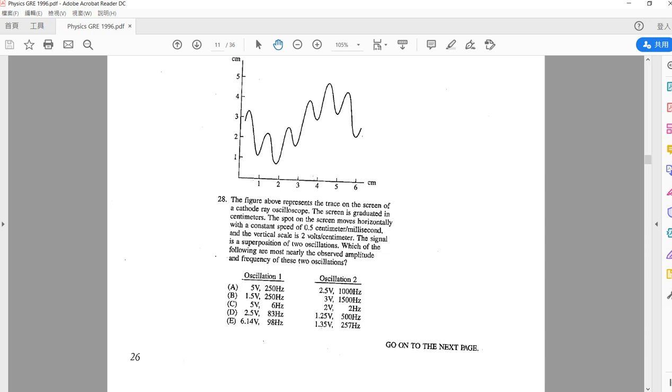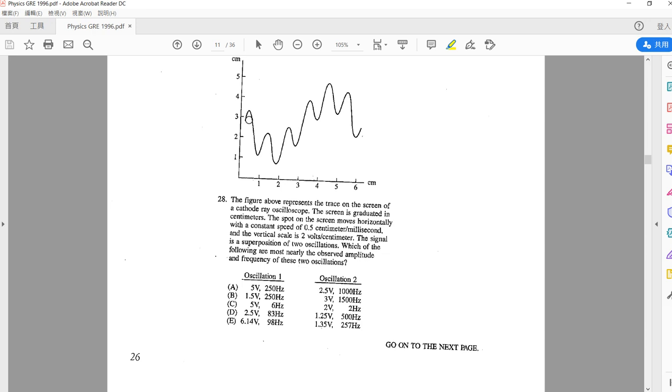So basically you can see that the lower frequency gives the bigger envelope-like wave, and the higher frequency has the zigzag motion along the envelope.